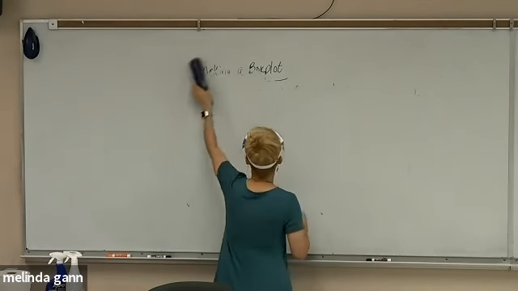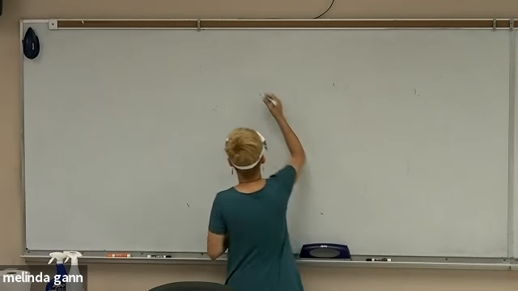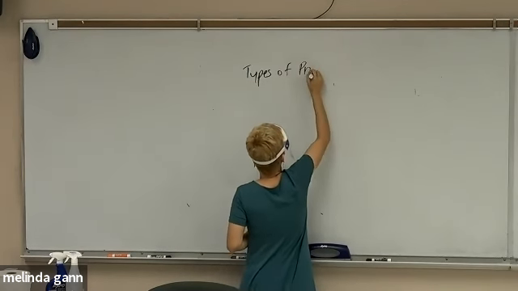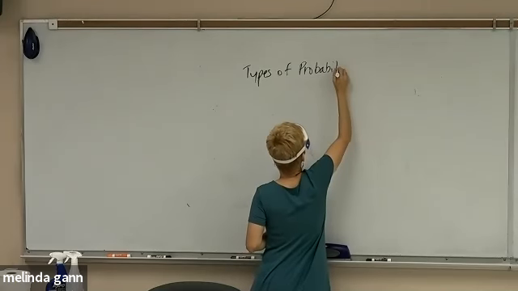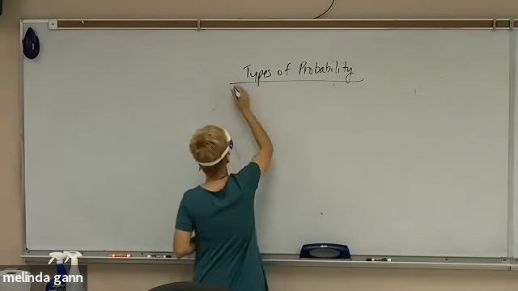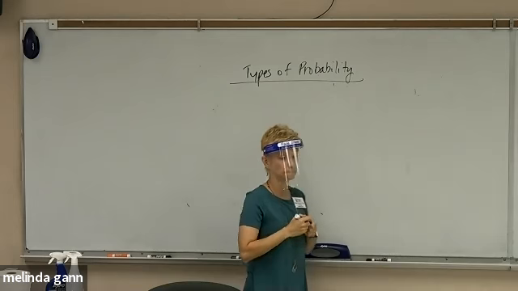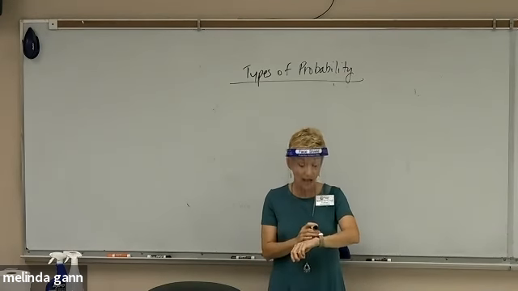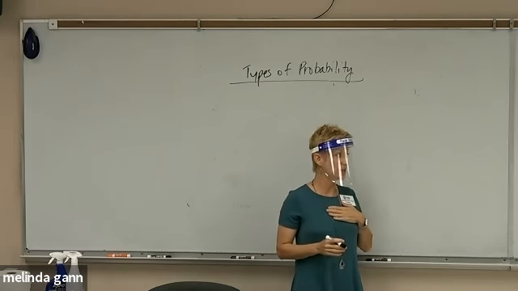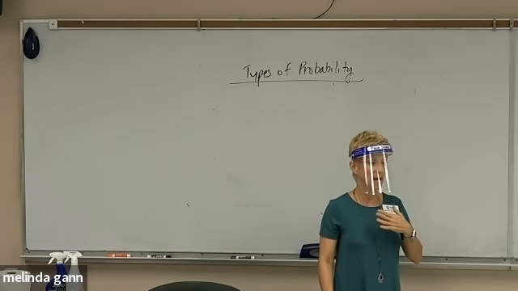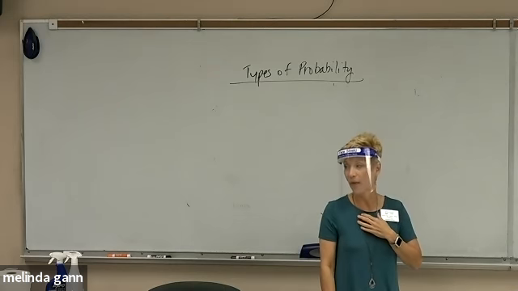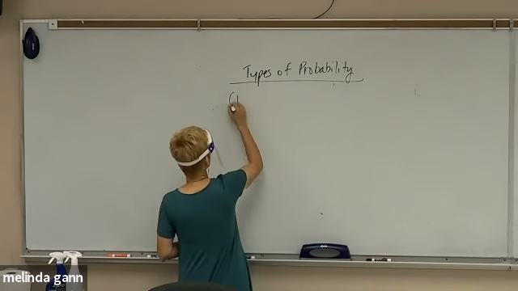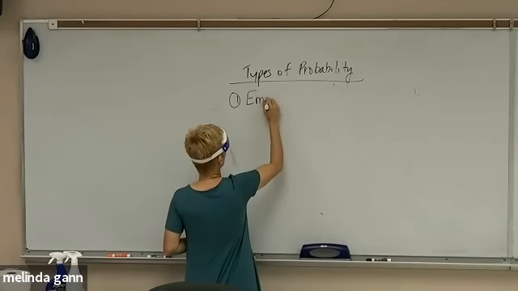Now, there's 2 kinds of probability that we're going to talk about. So, types of probability. I want to go ahead and get those in your notes. I'm going to call them something different than your book calls them because I think mine's easier and more mathematically right. The first kind we're going to call empirical.